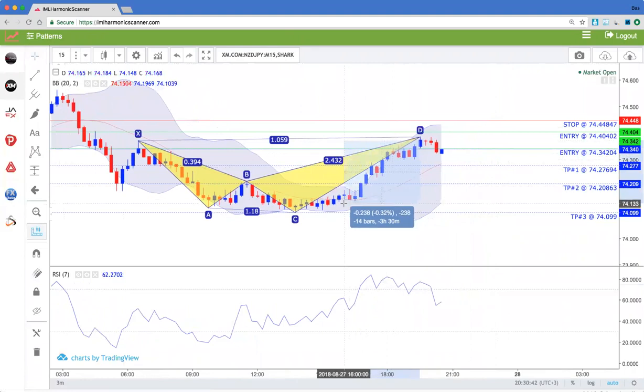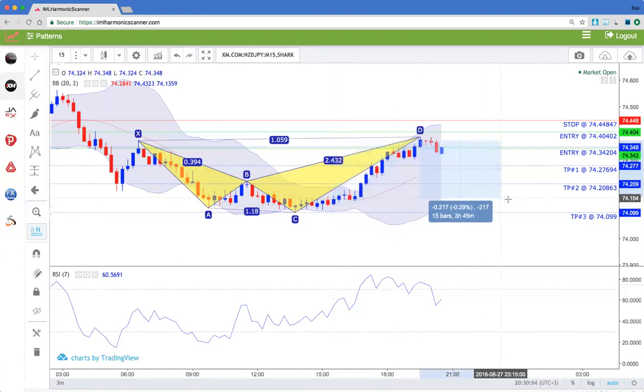So if I want to go to this level, I check, okay, this is where it hit that level, which was 16 bars in the past, which was 4 hours. So I kind of know that 4 hours in the future, that's around the time it will take to fill up this pattern and go to the profit level that I'm expecting.